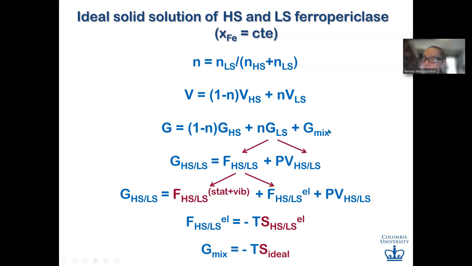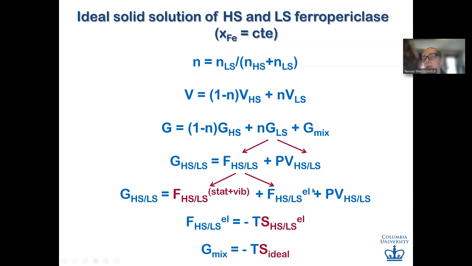I have formulas for all these terms that, if you want to see, I show at the end, but I'm going to skip them here, okay? The free energy of the end members, how do I calculate that? Well, it's the Helmholtz free energy plus PV, okay? And the Helmholtz free energy consists of static plus vibrational.